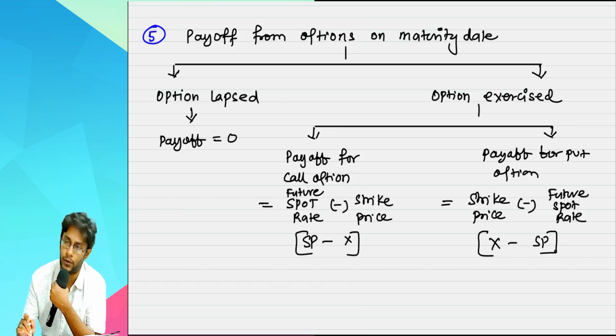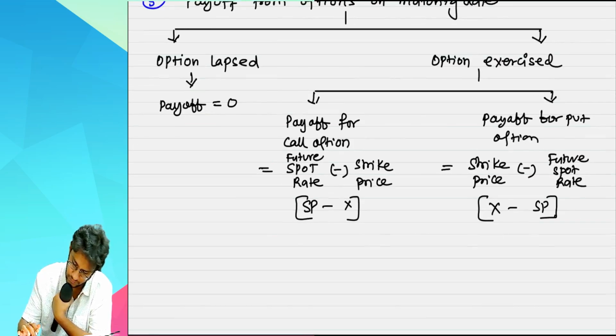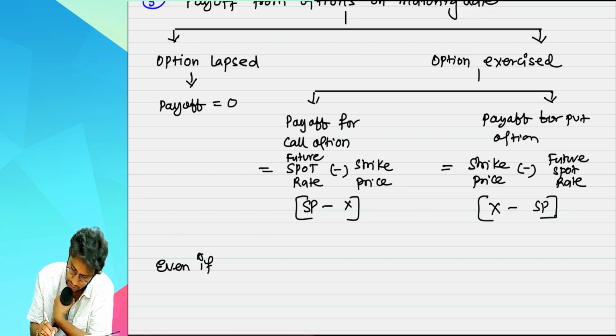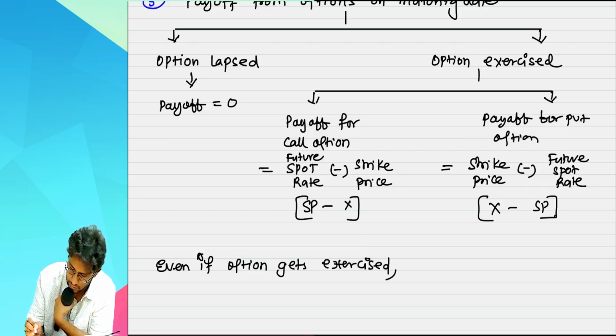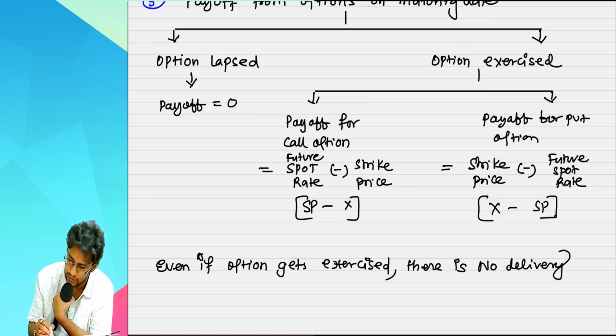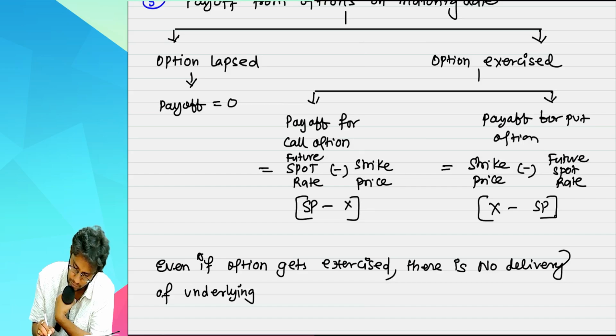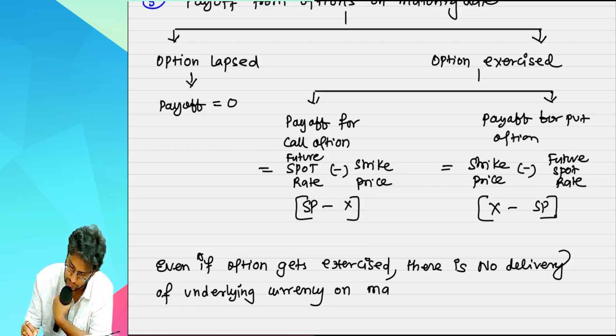Sir, in this, an important point is, even if option gets exercised, there is no delivery of underlying currency on maturity date.